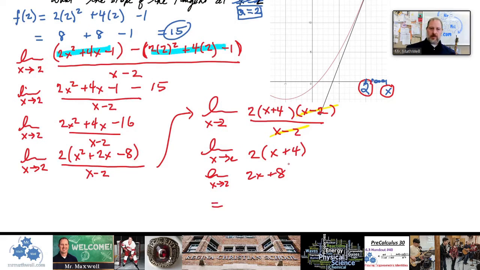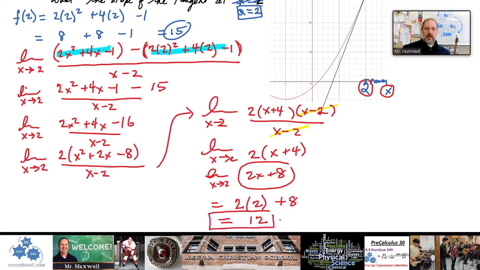You see, now this is all boiled down to just a linear function that this big slope function kind of resembles. All right? And now I can just substitute x equals 2. So now I go 2 times 2 plus 8. And that's going to be 4 plus 8 is 12. So this is the slope of the tangent line is 12.